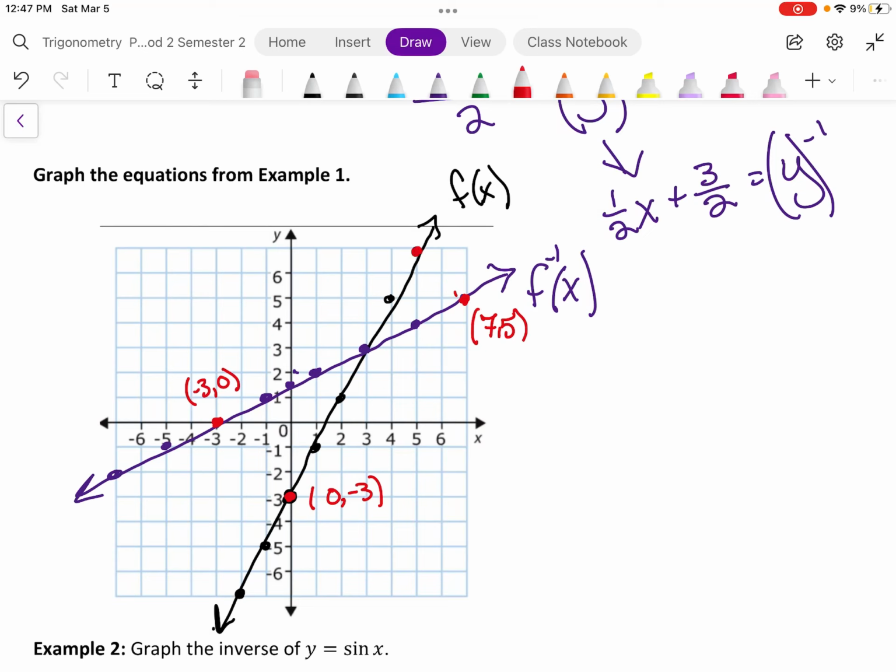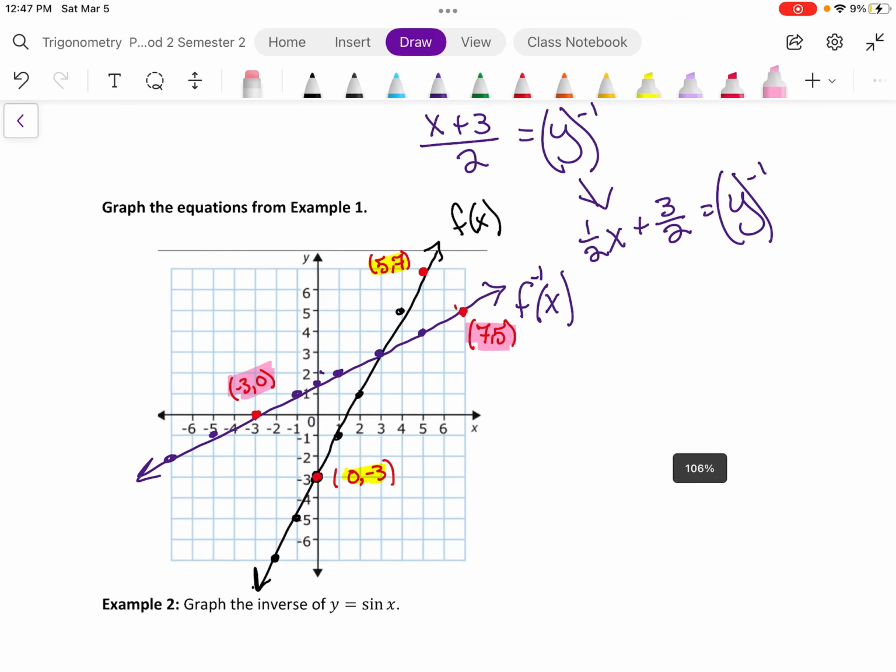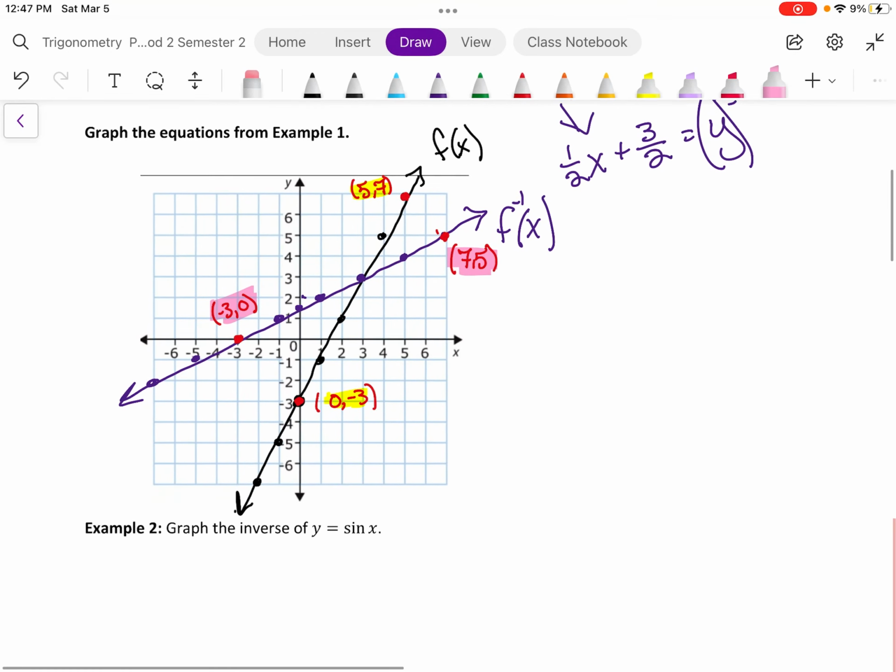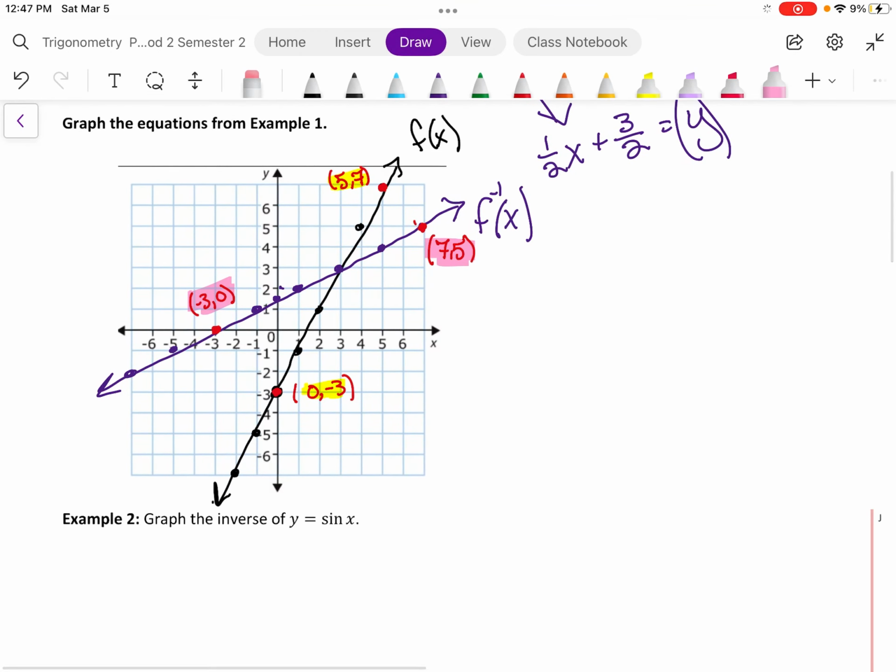And the corresponding point on our original function is at 5, 7. So you'll notice the difference between our original function and our inverse function is that we just swapped the x and the y coordinate points. And that's going to be the same thing for our inverse of sine, cosine, and tangent.